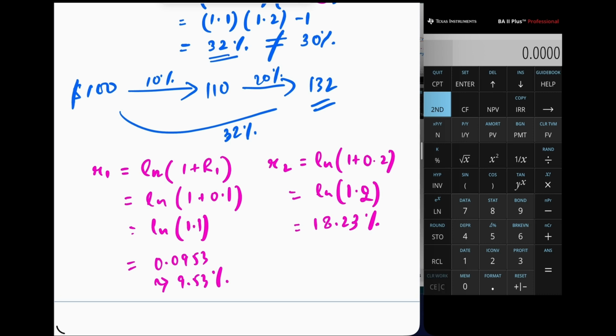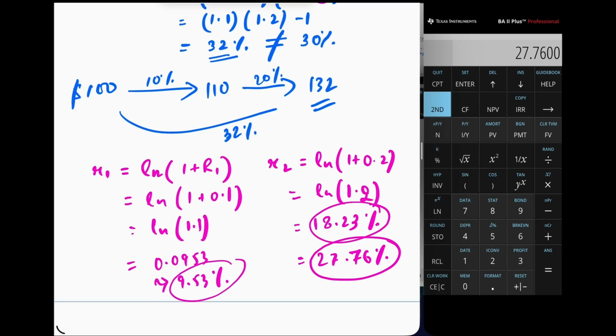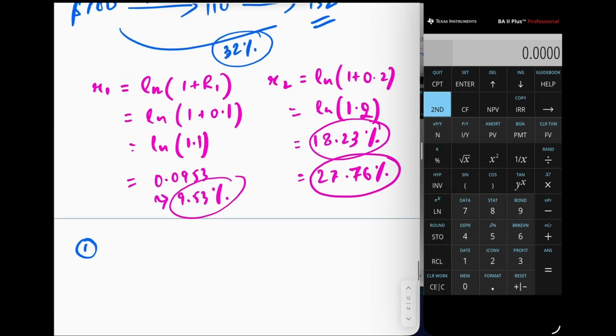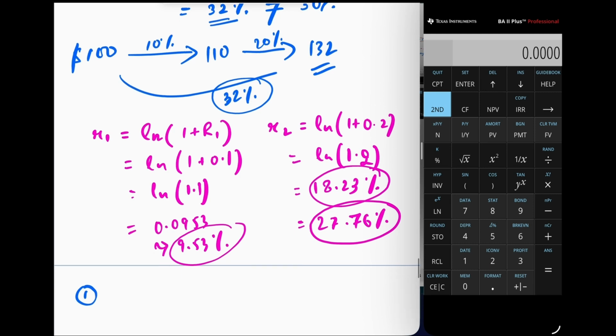So if I add 18.23 to the first value, 9.53, this is the continuous compounding. So in this case, you can add year 1 continuous compounding with year 2 continuous compounding, and this is your ultimate continuous compounding.